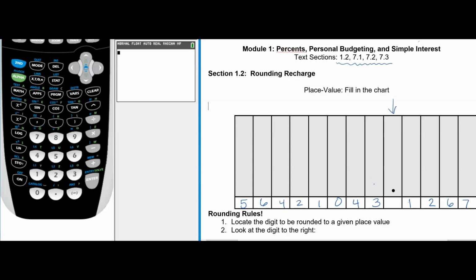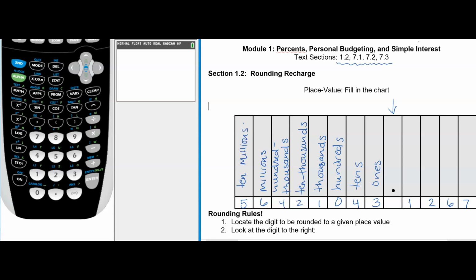So the place to the very left of the decimal, this is the ones place, and then it goes the tens place, and then the hundreds place, and then the thousands place, and then the 10,000s place, and then the 100,000s, and then we've got millions, and then 10 million.